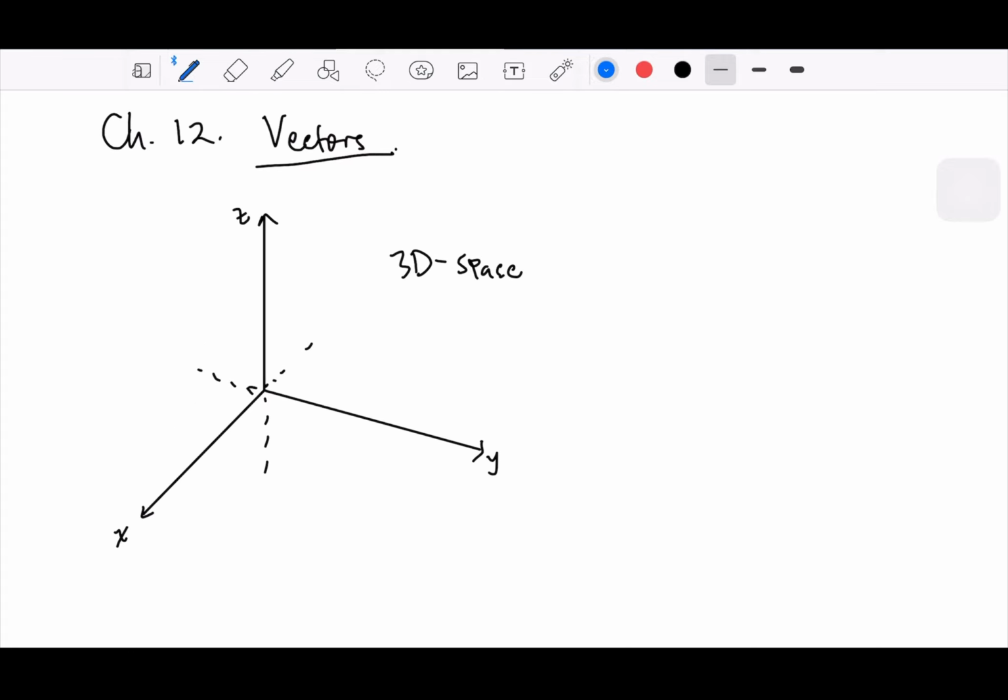And the simplest dimensions that we can think of is three-dimensional, right? Although probably you have also heard of the fourth dimension, which is time, right?